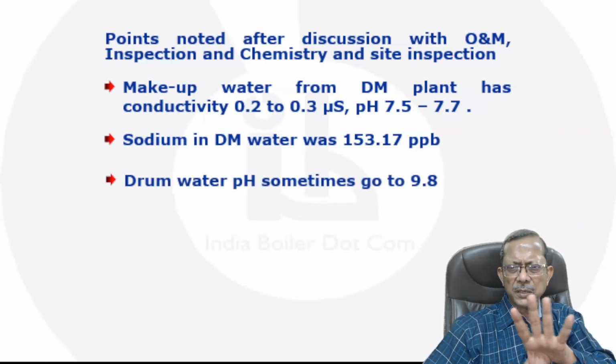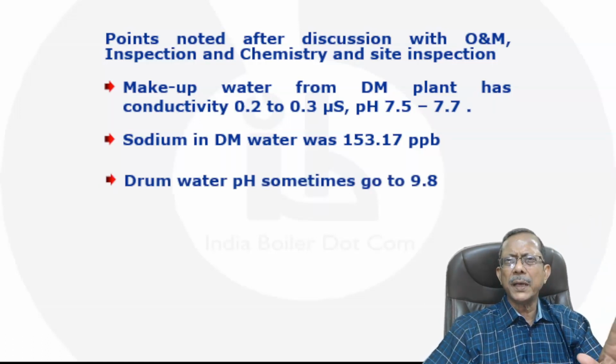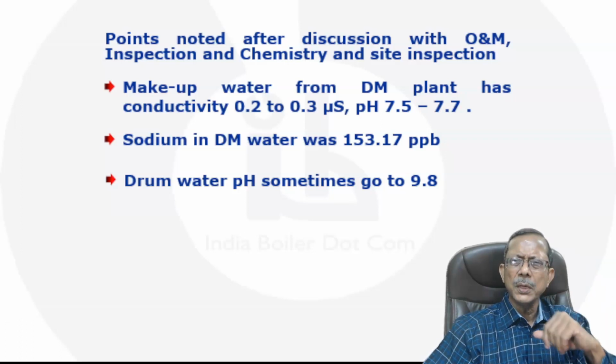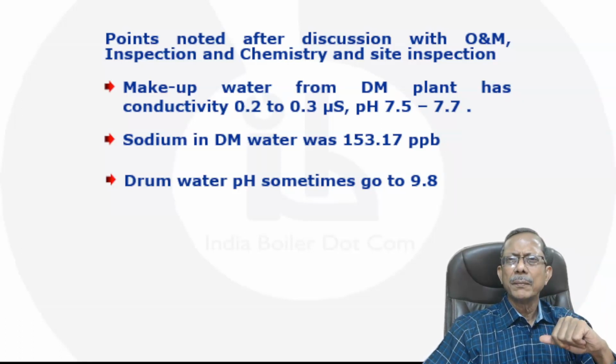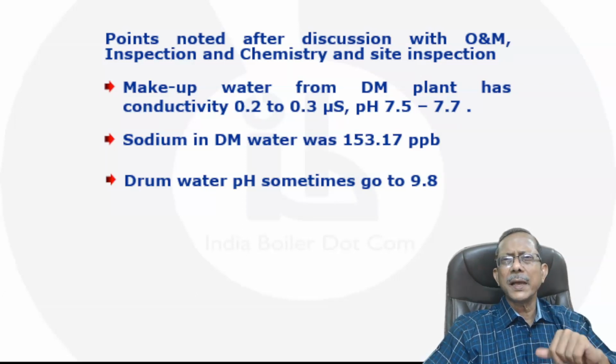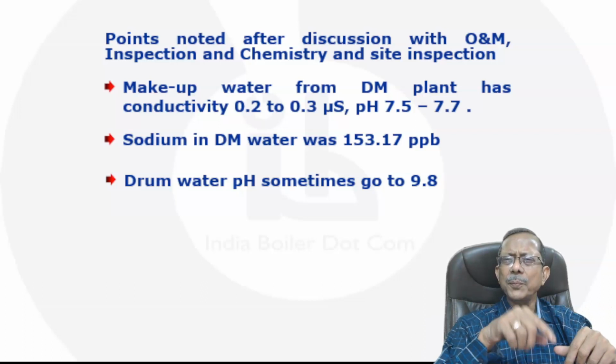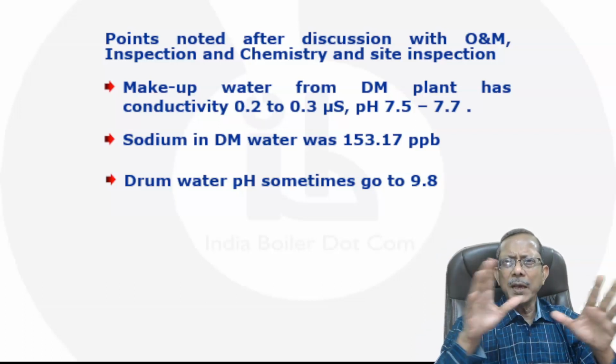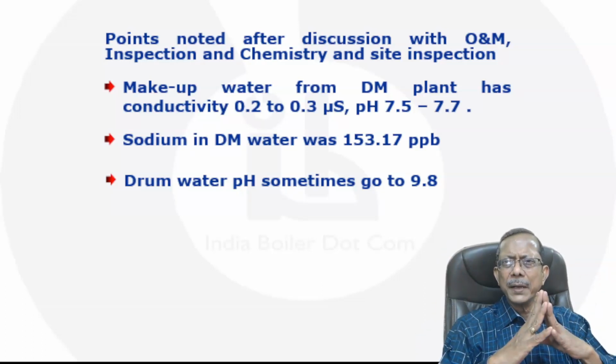In fact, when I checked the drum water pH on one particular day, I found that drum water pH was going to 9.8. But I told you in the first part that even 9.8 is not considered high. Why? Because the limit is 9.2 to 9.8. So 9.8 is still within the limit, right?